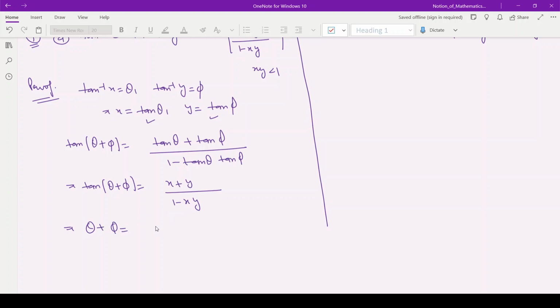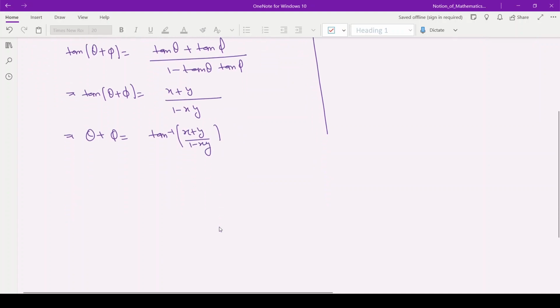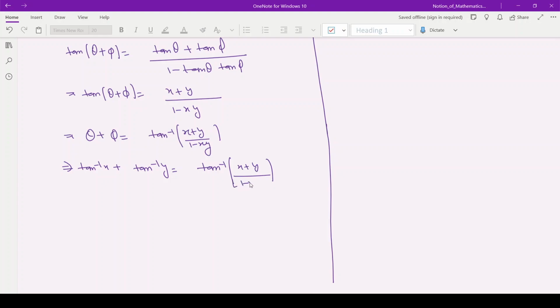Ultimately theta plus phi is tan inverse of (x plus y) upon (1 minus xy), or tan inverse x plus tan inverse y is tan inverse of (x plus y) upon (1 minus xy). So this was to be proved.